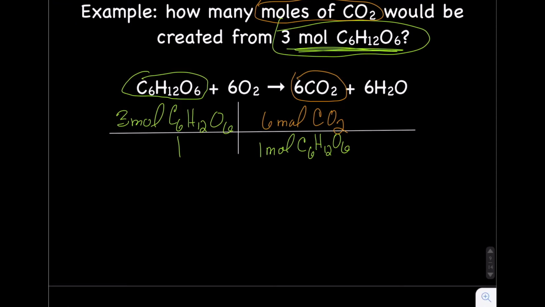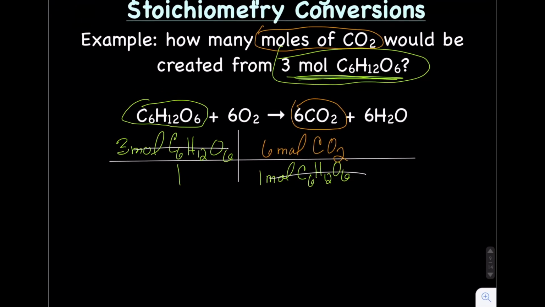And then our stupid mistake blocker: does mole C6H12O6 cross out mole C6H12O6? Well, it does. The last thing we should do is look and see where we're at right now. We're at mole CO2, which is what we were looking for.